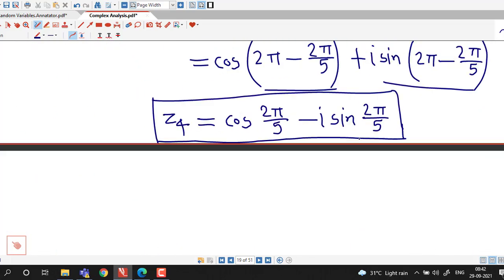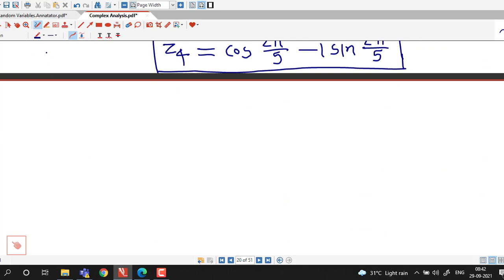And one more thing I would like to write here as a note. Sometimes these roots can be written in exponential form also. For that we recall Euler's formula.